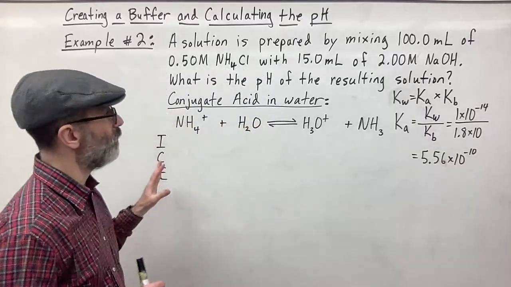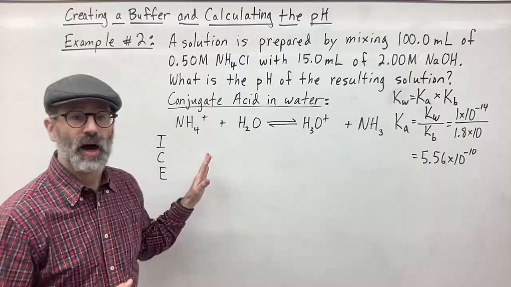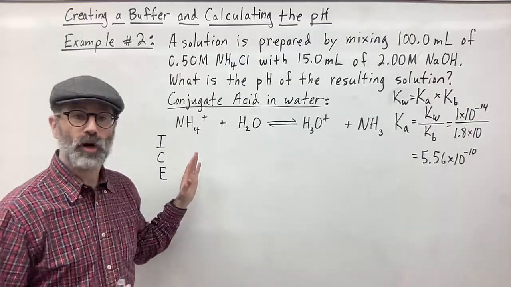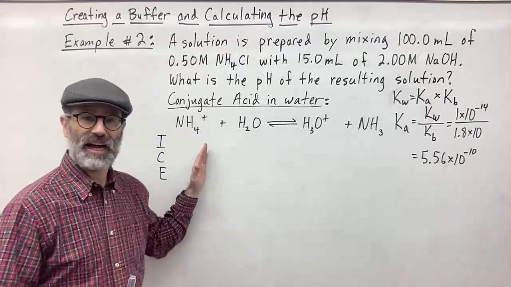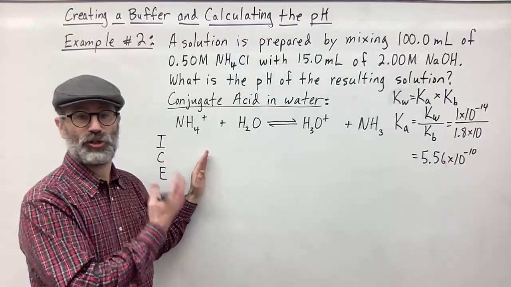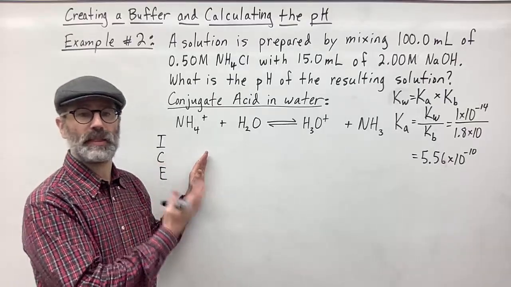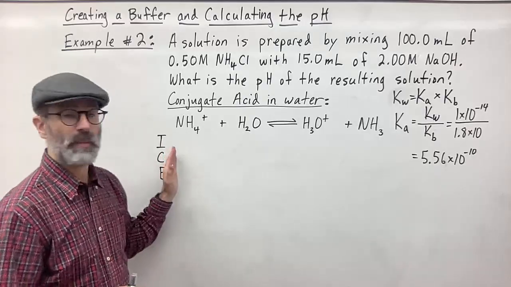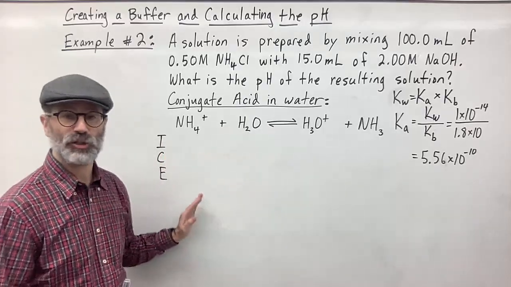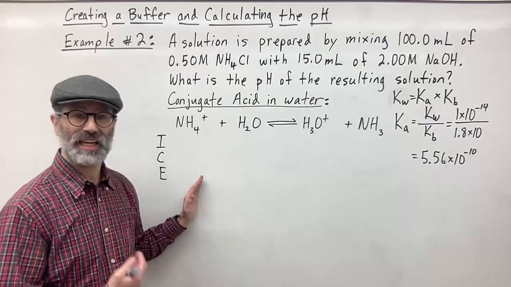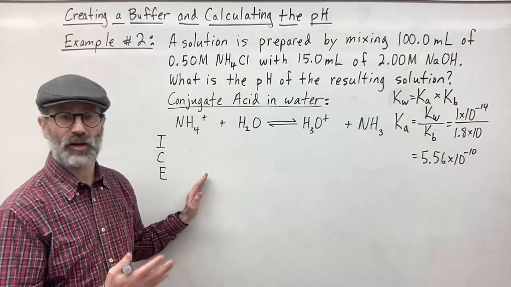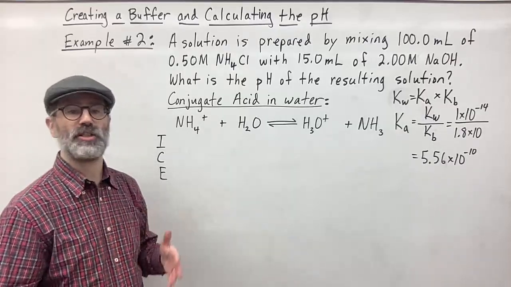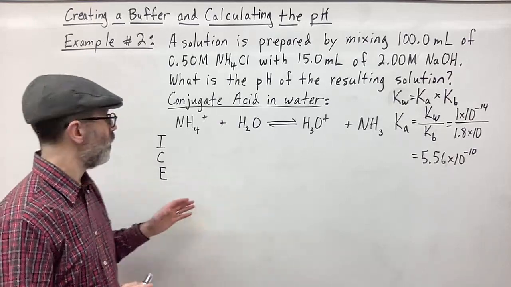Now, it's really important that you remember when you go from the ICF table, where you're doing the stoichiometry and the complete reaction in millimoles, you need to switch back to concentration when you are doing your ICE table, because the K value is related to concentrations, not to moles or millimoles, right?